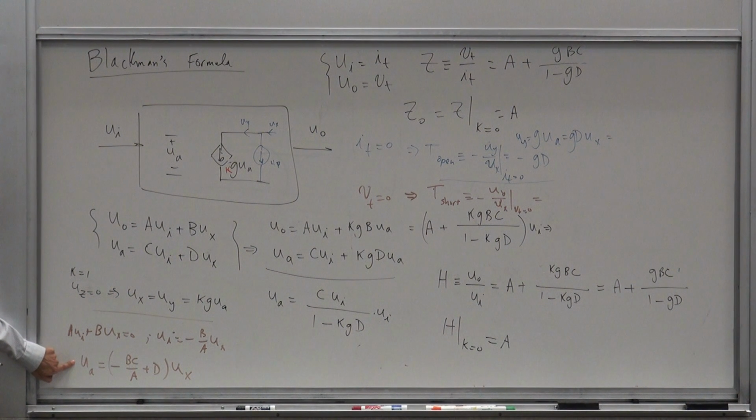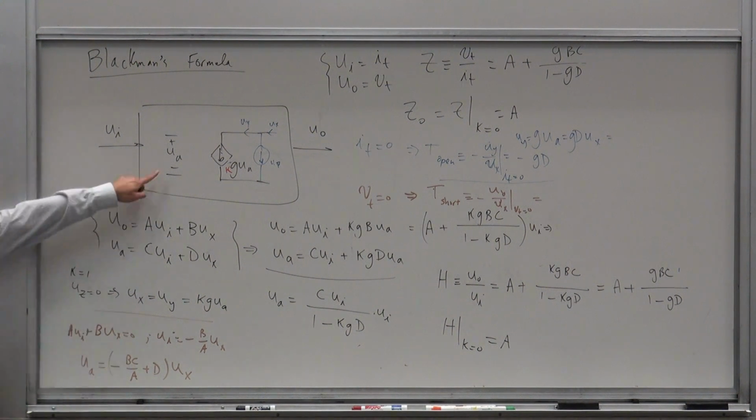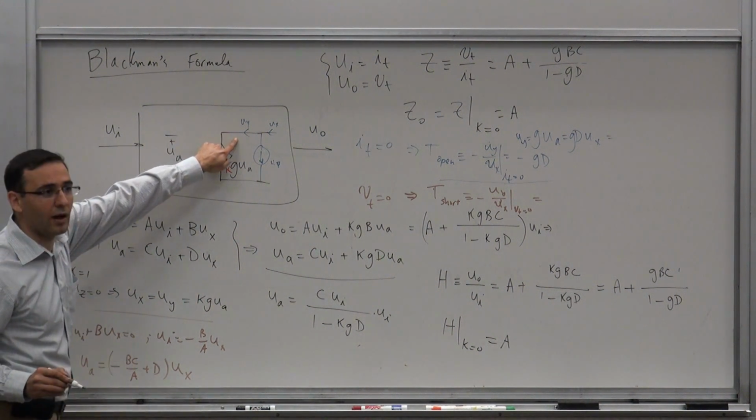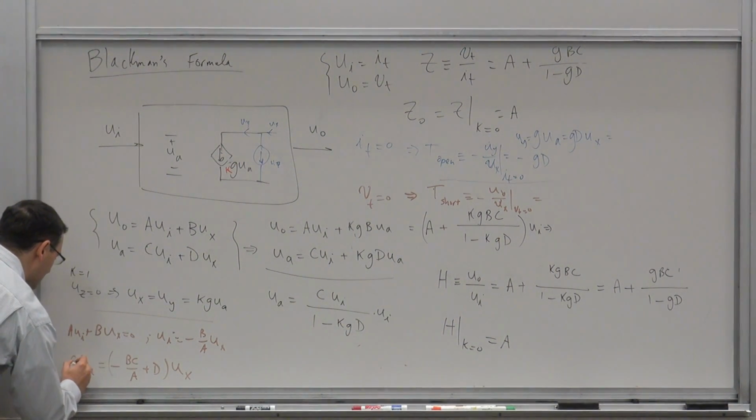But now, I know Ui is related to Ux through it. If I know Ua, I know Ui. So G times that is simply Ui.